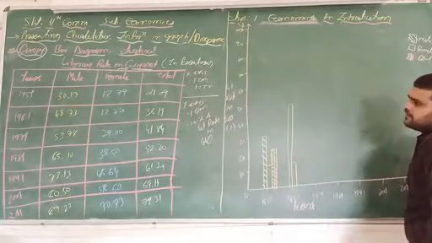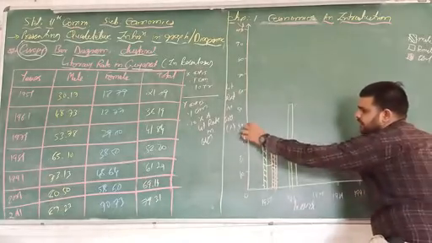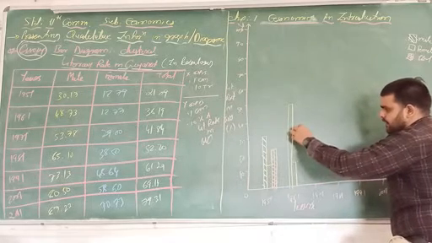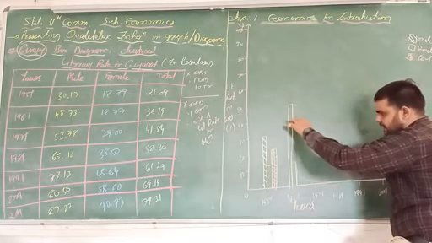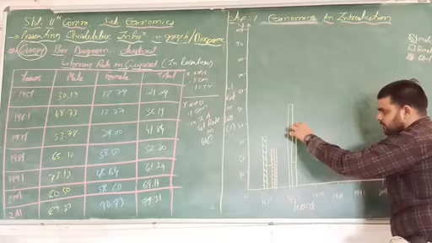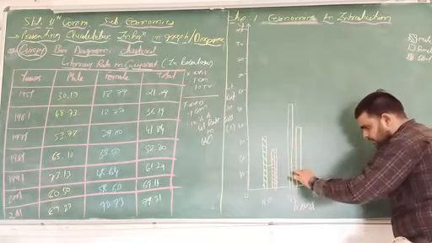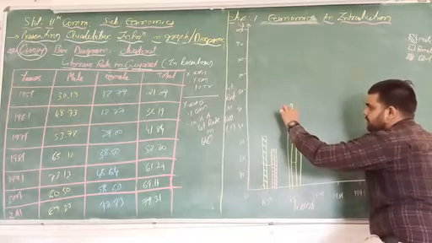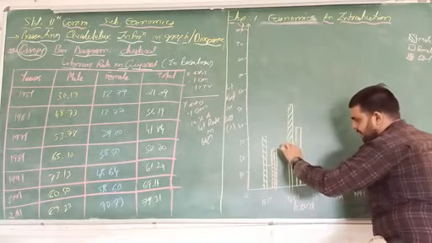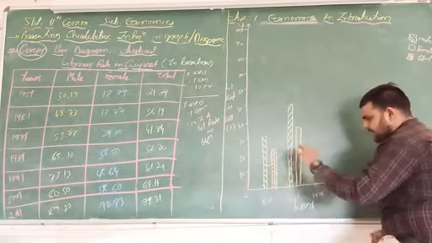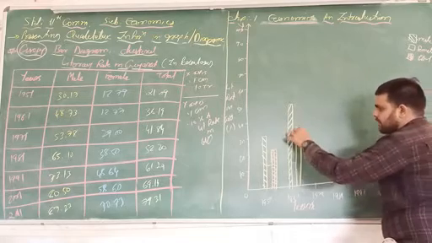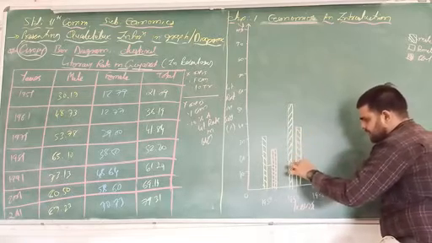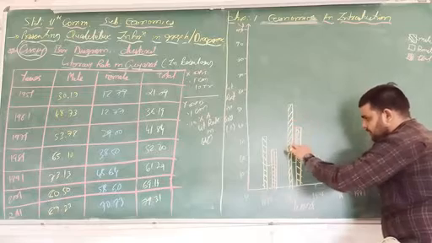And third, 36.19. So in between this, 36.19. Okay. Again we have to draw same design for male, female, and total. Female blank, and this one from this side, and draw a single line.